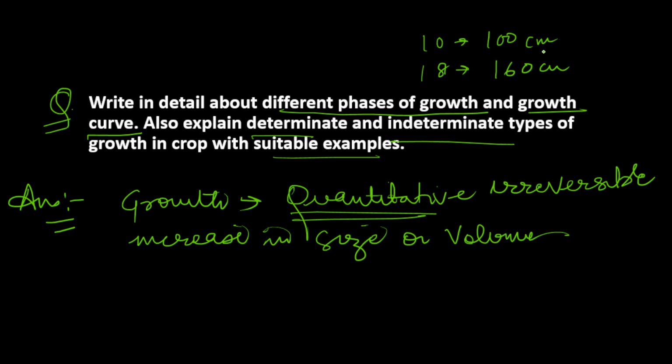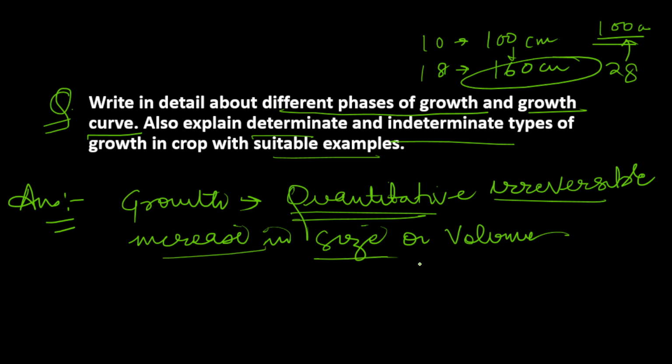So it has growth, but it is irreversible. It will not be the case that in 28 years we will be again 100 centimeters. Once we grow to 160 centimeters, that is irreversible. Okay, so that thing we should mention. So the growth is a quantitative irreversible increase in size or volume. So this is what growth is.